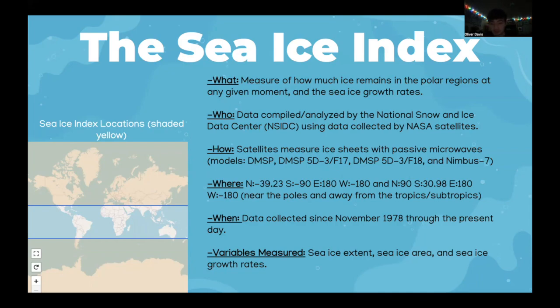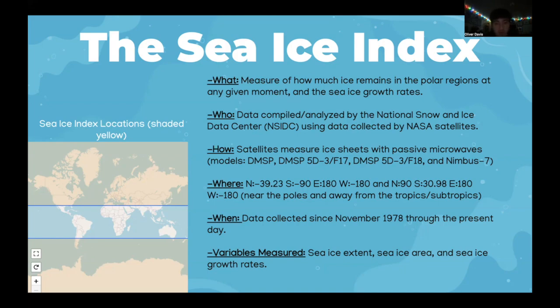And due to their frequency, microwaves can penetrate clouds and dust, which makes them really useful for collecting data in the polar regions when there's massive storms and periods of total darkness. Also, the satellites they use have a bunch of different models listed there, most of which are now retired, but even for the retired satellites, the NSIDC can still collect the data.